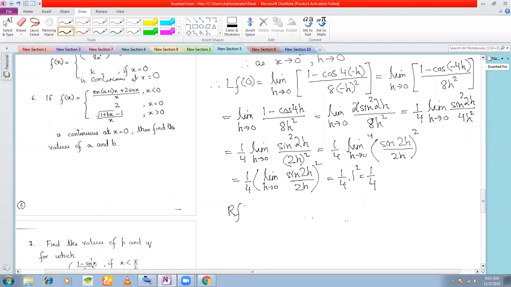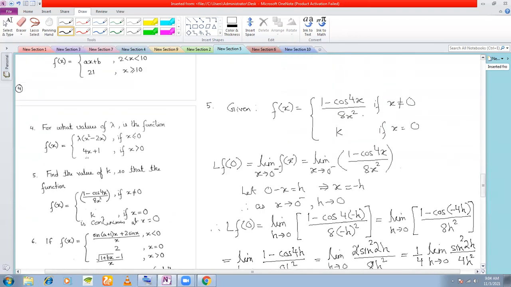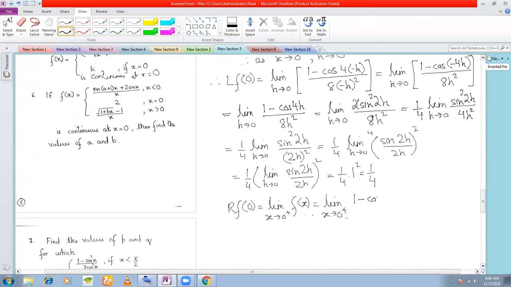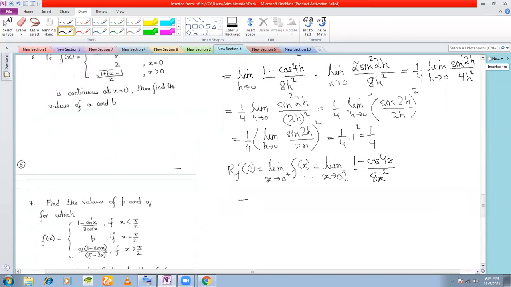Now we find out the right hand limit. x tends to 0 plus f(x), which is equal to limit x tends to 0 plus, and again for x not equal to 0, we take the value of the function as 1 minus cos 4x by 8x square. So now if you put x minus 0 is equal to h, it is the same as putting x is equal to h.